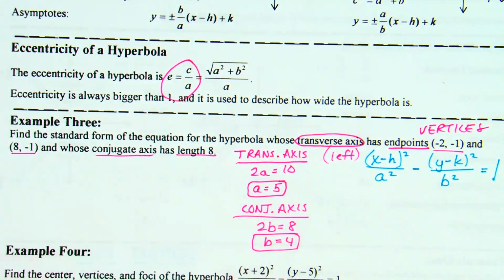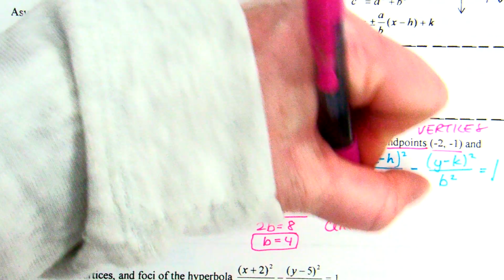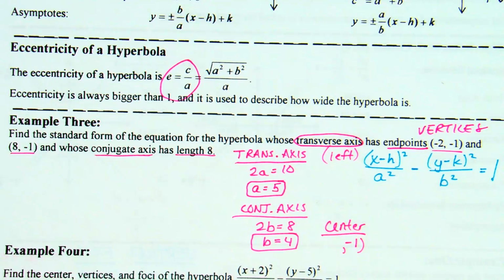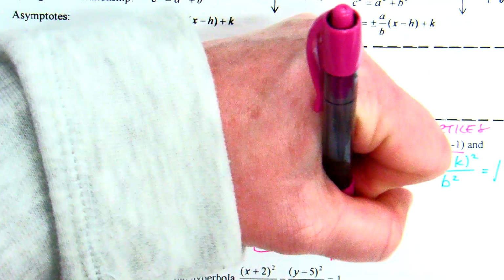What's in the middle of (-2, -1) and (8, -1)? It's got to be something, -1, right? What's halfway in between -2 and 8? Count 5 in and you're at 3. And that is my (h, k).